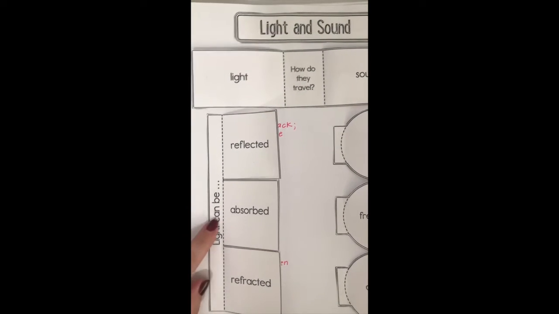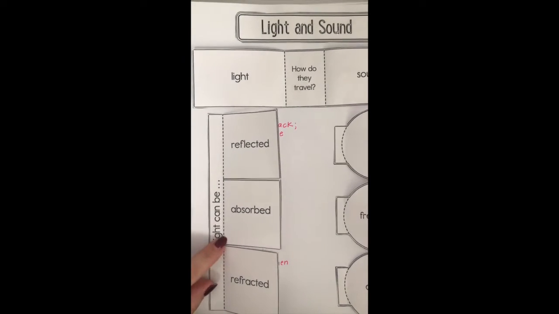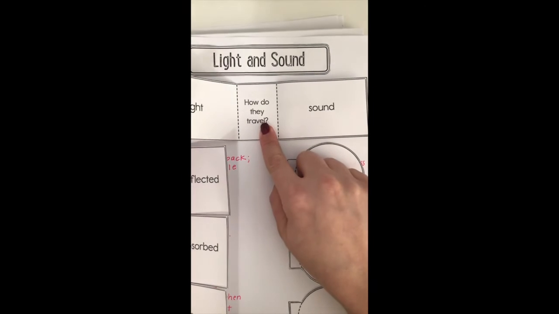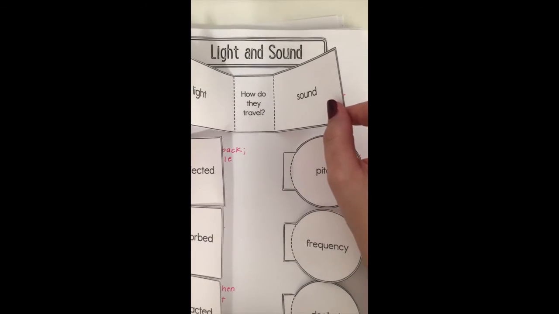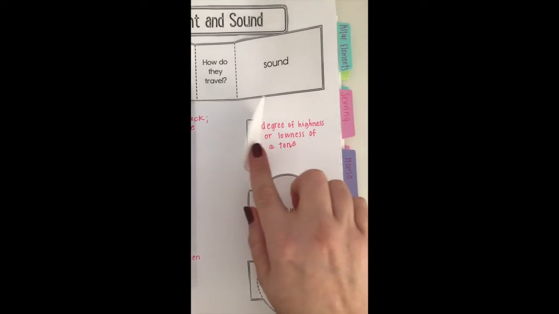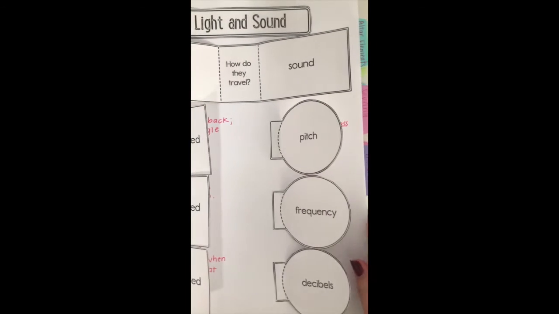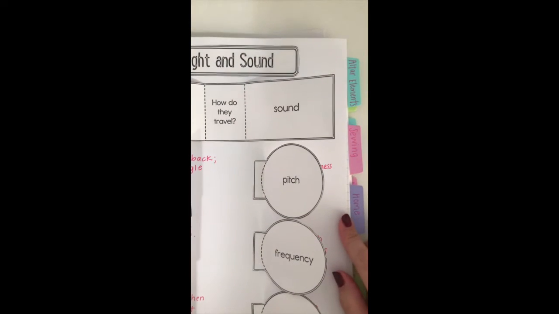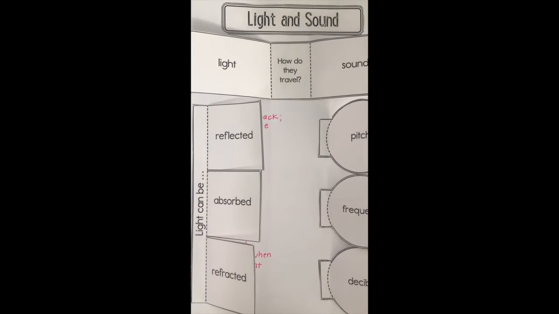Remember that you are gluing on the dotted lines, never cutting on the dotted lines, only cutting on the solid lines. And up here, remember, just glue and fold on the dotted lines so these two are not glued, just the middle. And for these, you also are just gluing where the dotted line is and leaving space under for the squares and the circles. So feel free to pause at any time.